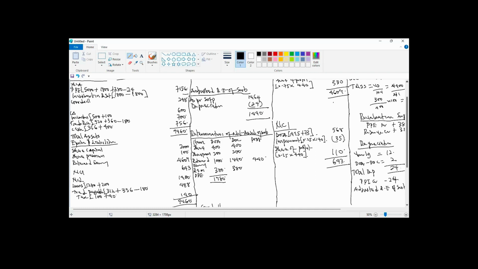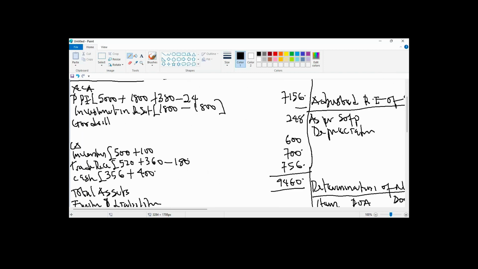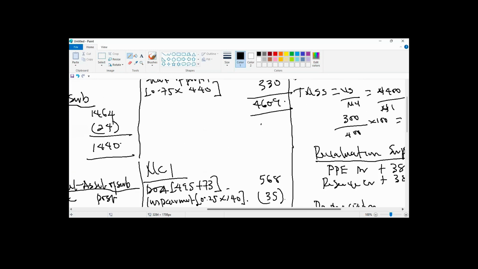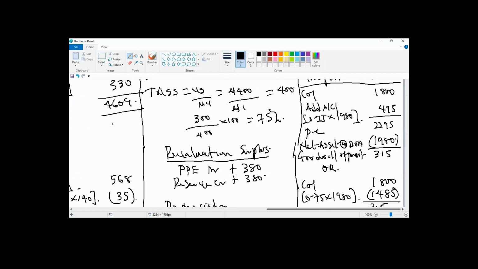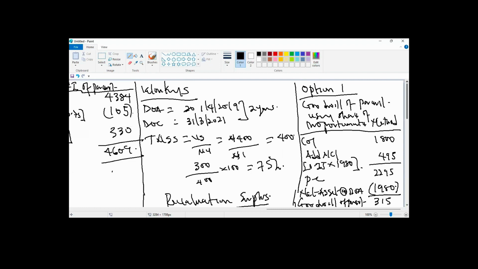They give me goodwill attributed to NCI. I have two options. Option one, I get the goodwill of the parents, which is proportionate share, because the goodwill of the parents is proportionate share.